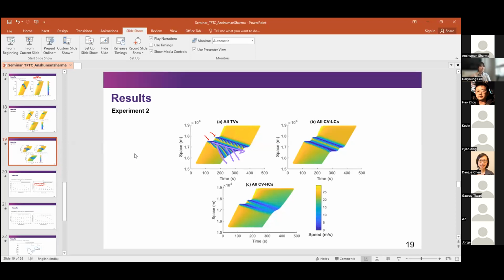Oh, that's very interesting. I guess that depends on the parameters you use in IDM. Sometimes you get strange results like that. So you think it's because those parameters are not string stable, so it generates additional disturbances there?